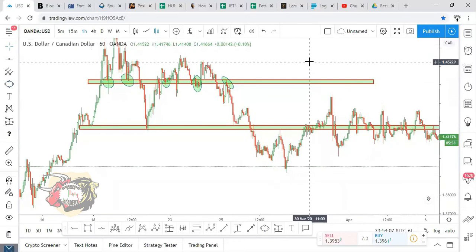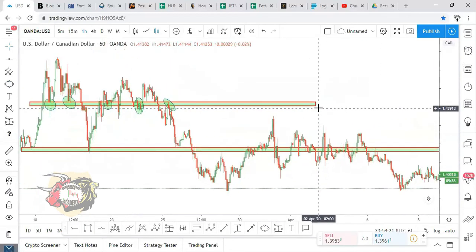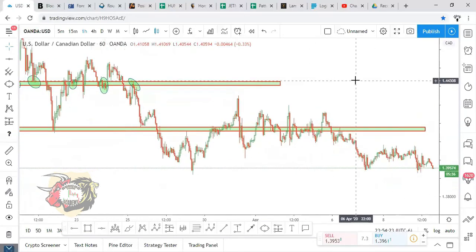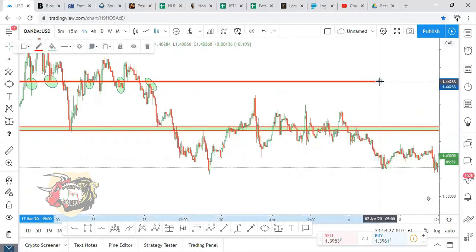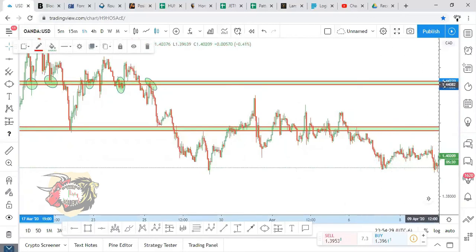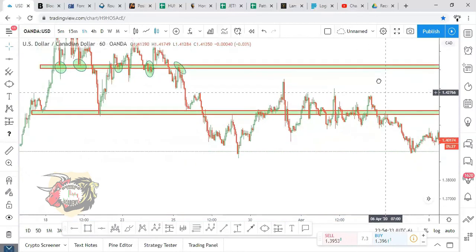But you have to have more knowledge. You have to add more confidence to your trade than trading with support and resistance alone. You have to add more strategies, right? So I'm going to draw more support and resistance zone. Just one more. I'm seeing this level of support here.